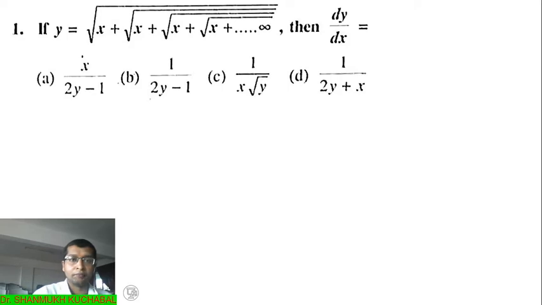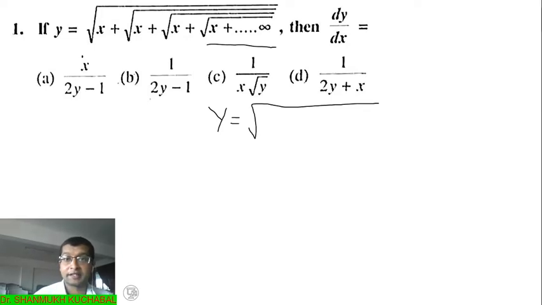So many times this example has appeared: y equal to under the square root of x plus root x plus and so on, infinitely many terms. This sequence has appeared, and we have to find the differentiation of this.